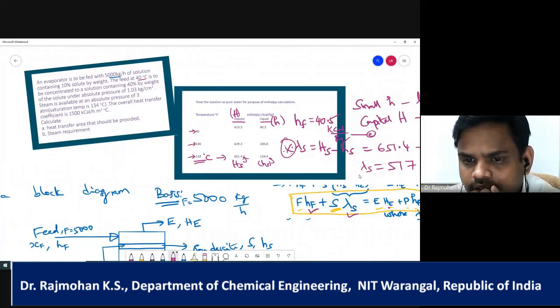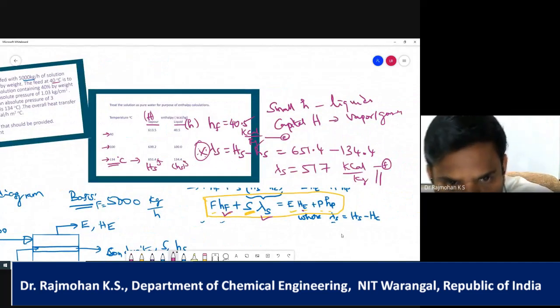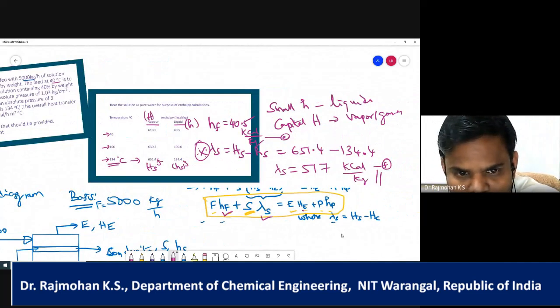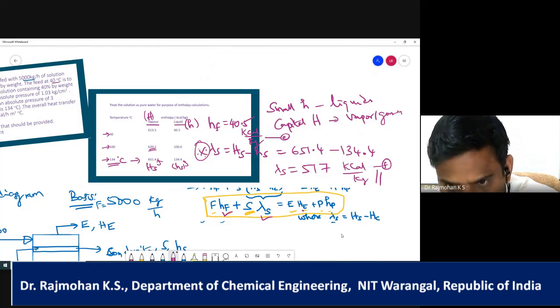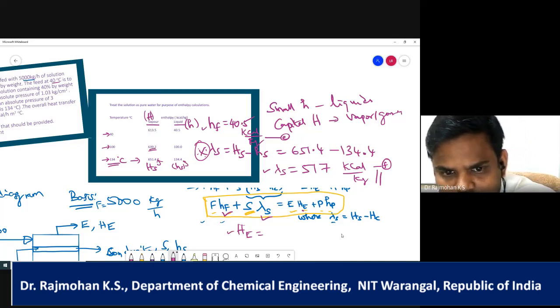So at 100 degrees Celsius, this is our capital HE. We have written HF value, lambda S value, and now HE value. HE is 639.2 kilocalorie per kg. Let it be G.